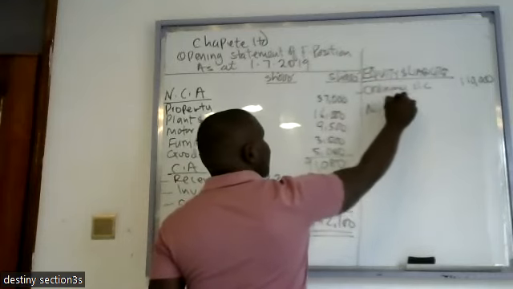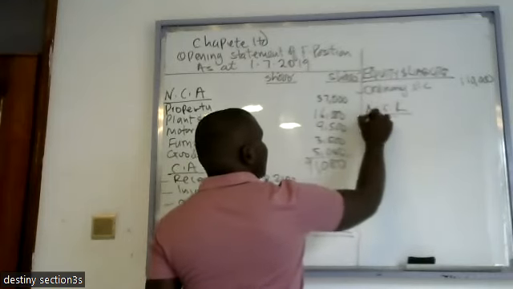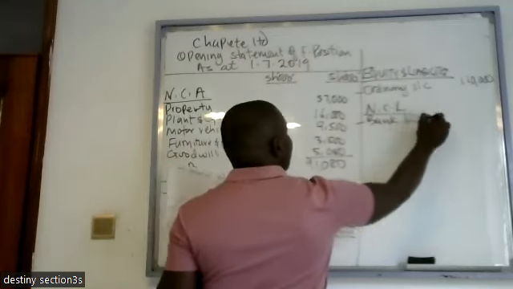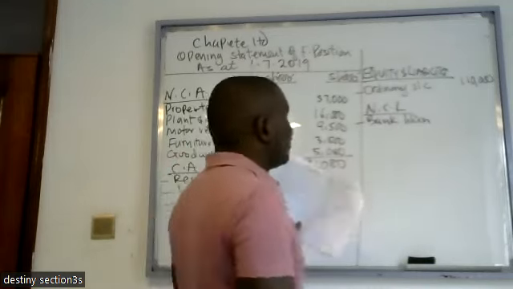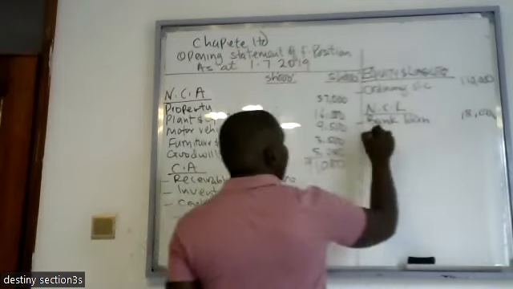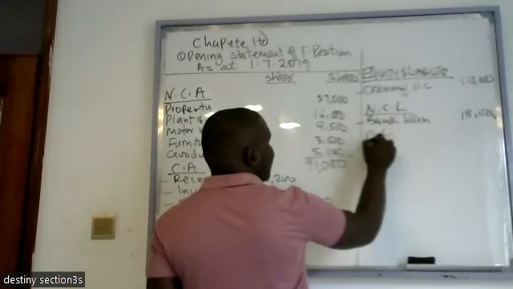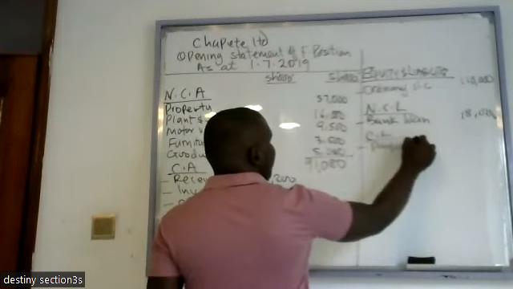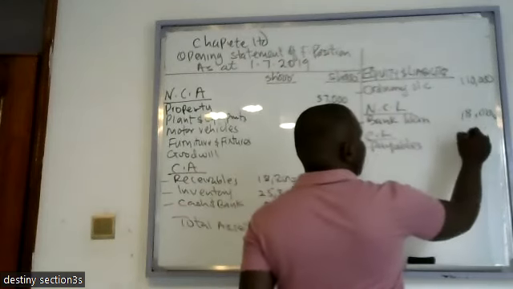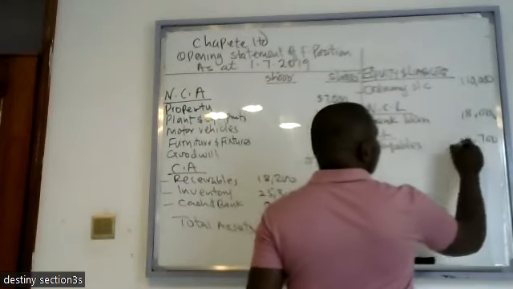So now, non-current liabilities, there was a bank loan which they acquired. Bank loan was 18. Then current liabilities, the only current liability was payables. Payables on credit 14,700. Full stop.